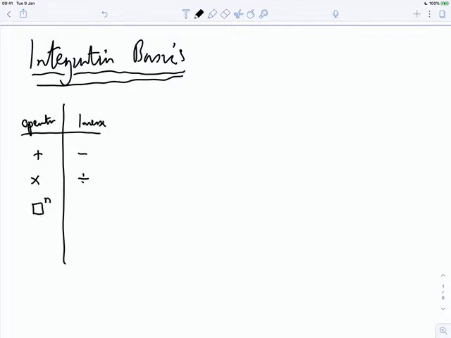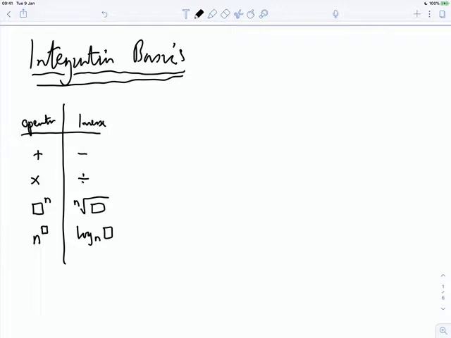Raising something to the power n has the inverse operator of taking the nth root of that. And if I raise something to the power of n, then the opposite of that is taking log base n of that thing.